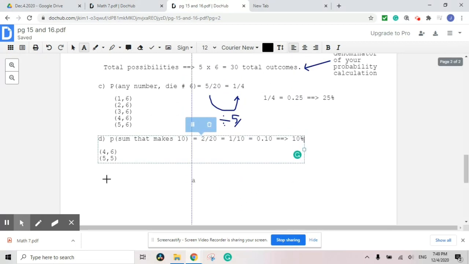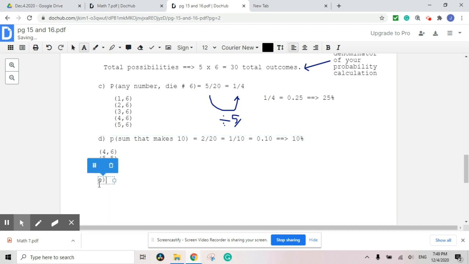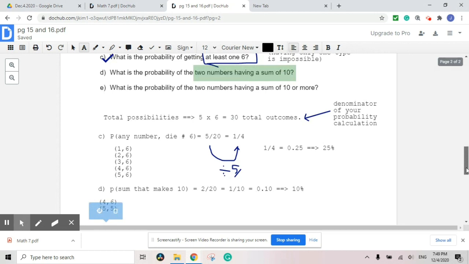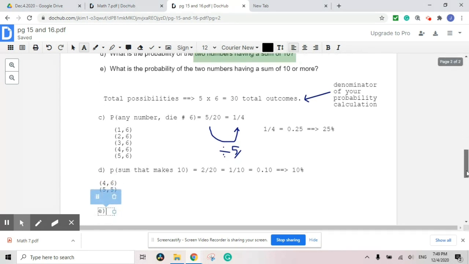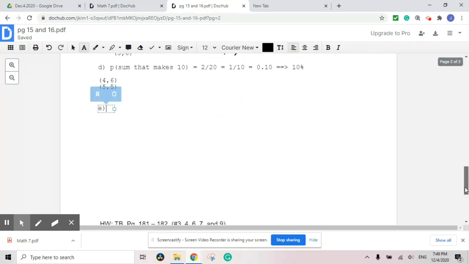And our very last portion, E, which was: what is the probability of two numbers having a sum of 10 or more? Okay, so if I have to deal with the probability of a sum that is bigger than or equal to 10, like I mentioned before, we need to predict what kind of outcomes satisfy that situation.